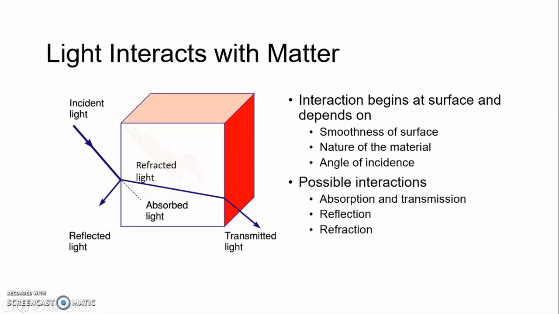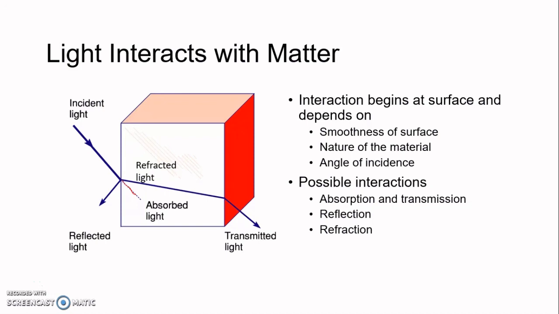The interaction of light with matter will depend on a number of things: the smoothness of a surface, the nature of the material, and the angle at which light hits the object. There are three different things that can happen. One, light can hit the surface and be absorbed, and then that's the end of that photon, it's gone.